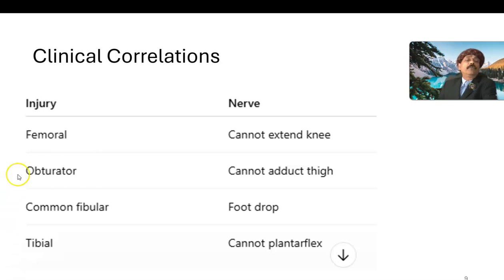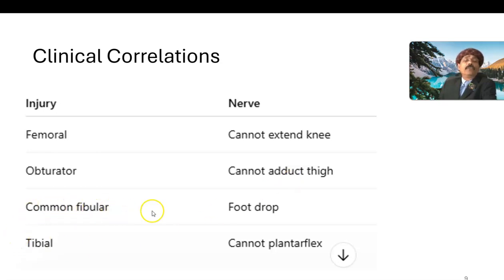Clinical correlation: in femoral nerve injury, the person cannot extend the knee because the vastus lateralis, vastus medialis, vastus intermedius, and rectus femoris are paralyzed. Obturator nerve lesion will lead to a condition where a person cannot adduct the thigh because of lack of nerve supply to the adductor longus, adductor brevis, adductor part of the adductor magnus, the gracilis, and partly the pectineus.